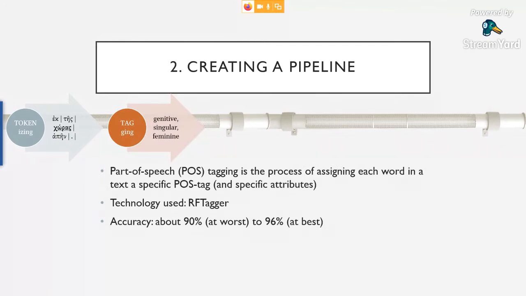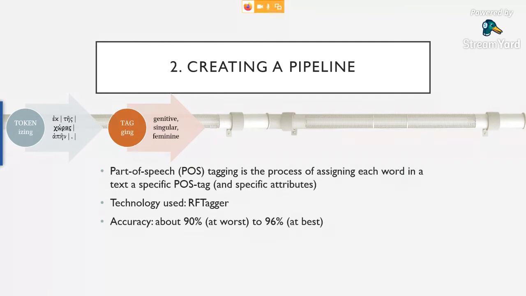A second step consists in part of speech tagging, which is a process of assigning each word or each token in the text a specific part of speech tag. So, for instance, in this case, we have horas. Well, that's a noun and it has also some attributes: genitive, singular, feminine.